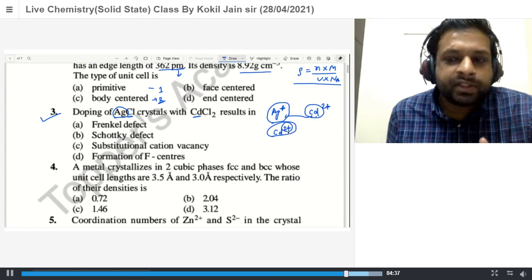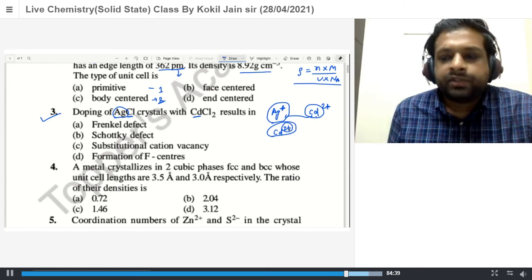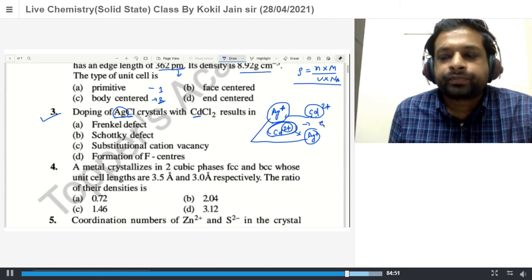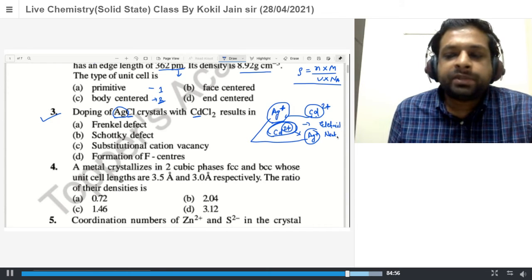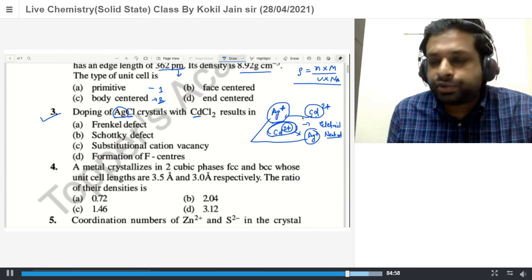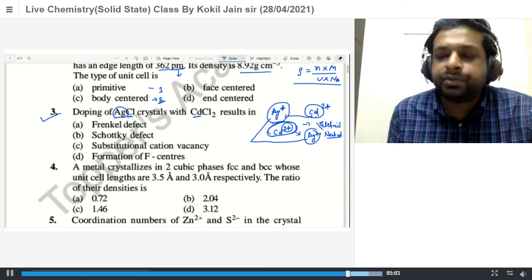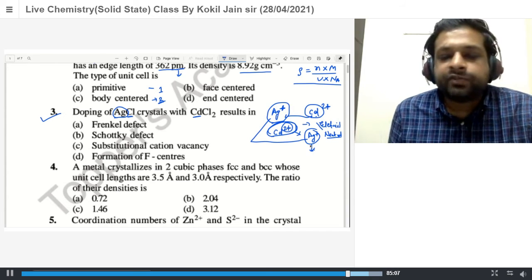Similarly, we will have to remove one more Ag plus. When 2 Ag plus are removed, then one Cd2 plus can make it electrically neutral. That means Cd assumes the position of Ag plus, but to maintain electrical neutrality, one Ag plus will have to go away from the crystal. That means a cation vacancy will arise here.